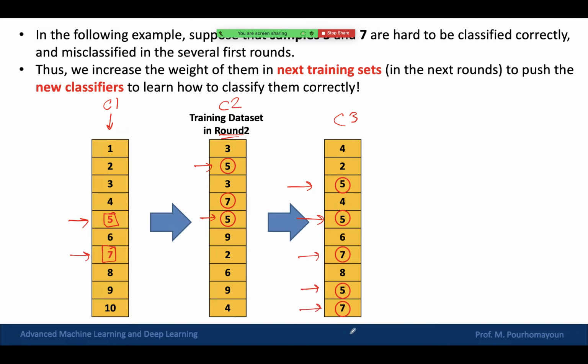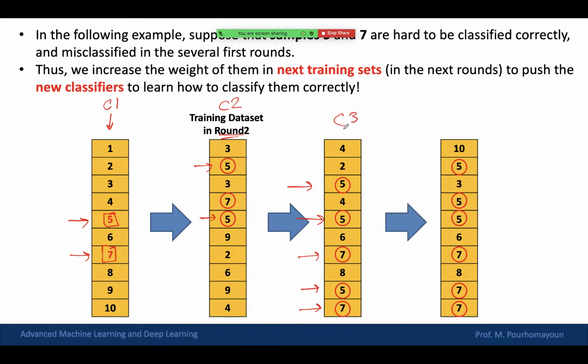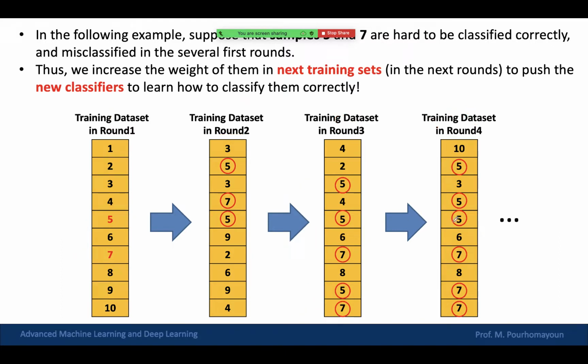So look, a lot of 5s and 7s. It still makes misclassification for 5 and 7. This will be what we provide to classifier 4. A lot of 5s and 7s. Remember, this will be the training data for round 4, or classifier 4. So as you see, this training data set has a lot of 5s and 7s, so that finally this classifier can learn how to correctly classify them. So this is the approach.